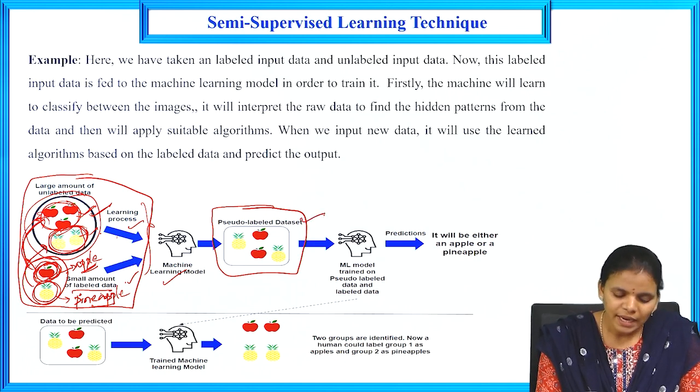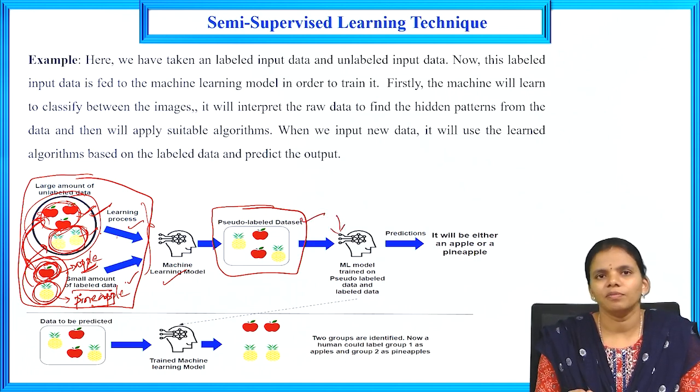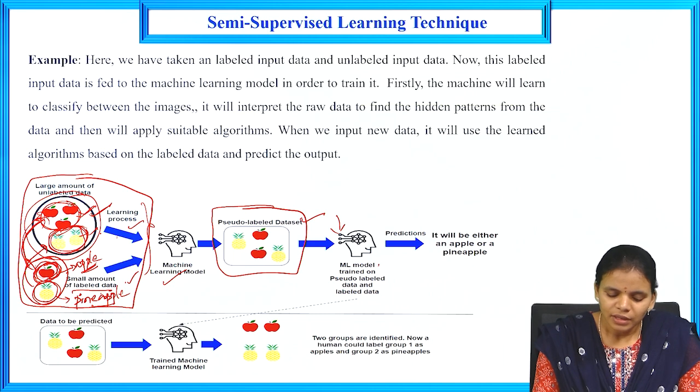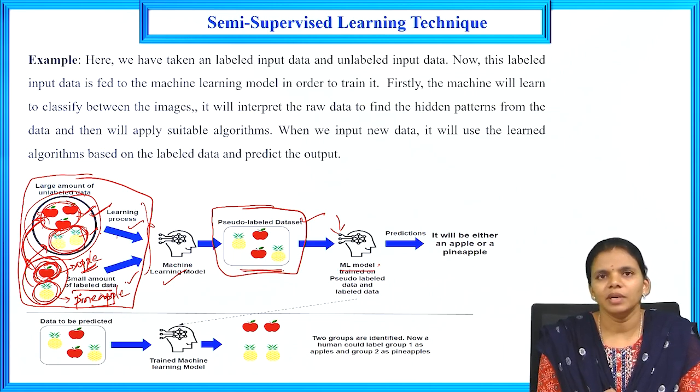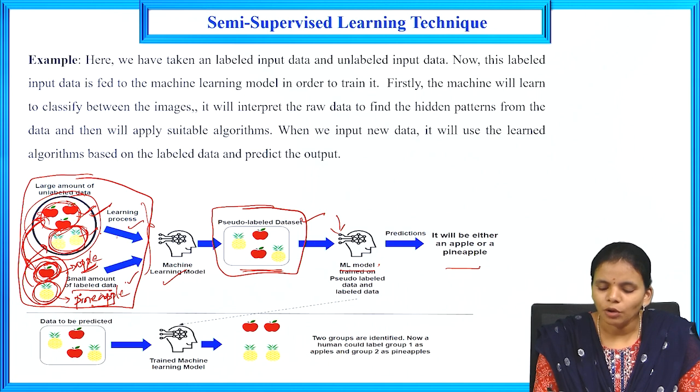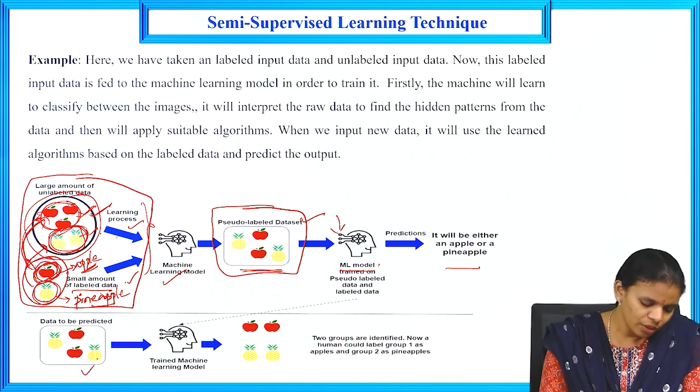Now this data set is given for the training of my system. So it will generate a machine learning model based on this pseudo labeled data set, and it will predict the output for the new data points.